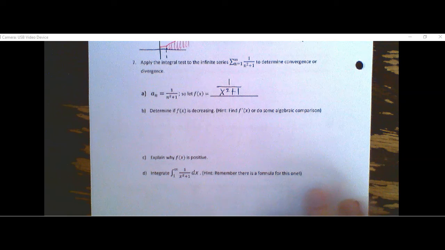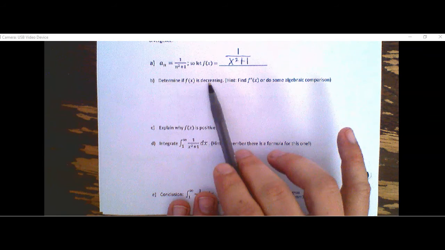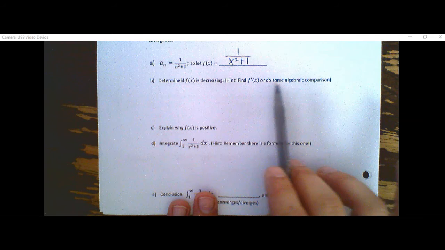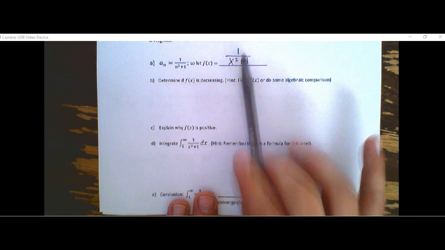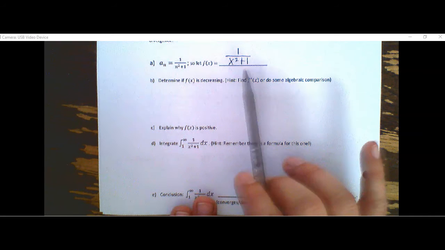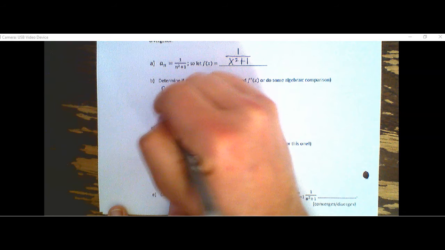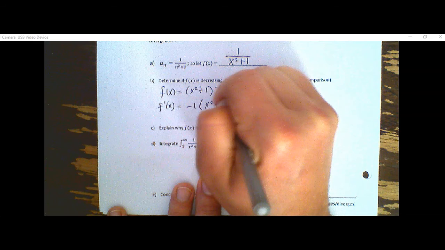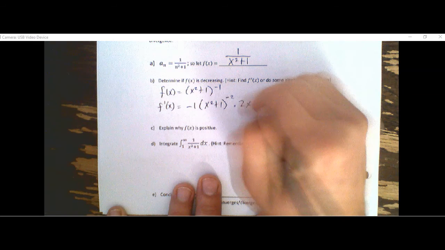To determine if this is decreasing, remember, we can determine that something is decreasing if we find that the derivative is negative, or if we do some algebraic comparison to the next term of the series. I'm just going to find the derivative because that's pretty simple. We can use the chain rule here. f of x equals x squared plus 1 to the negative 1, and then f prime will be negative 1 times x squared plus 1 to the negative 2 times the derivative of the inside, which is 2x.